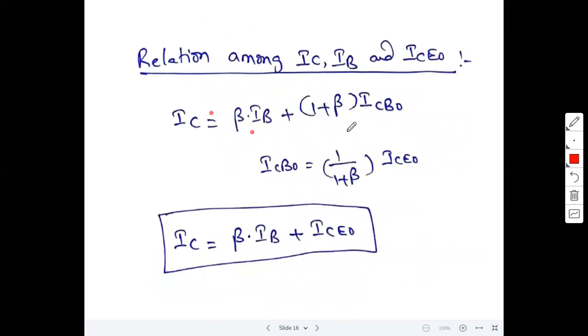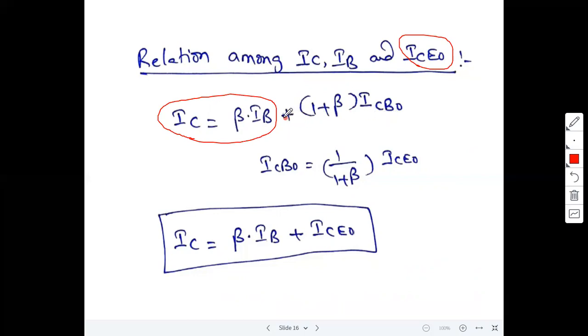Okay. Then the same relation among IC, IB and ICEO. ICEO means CE configuration. So IC is equal to, what is the CE configuration expression? IC is equal to beta times IB. What is the CE configuration current gain? Output current IC by input current IB. But with consideration of leakage current, it is equal to 1 plus beta into ICBO.